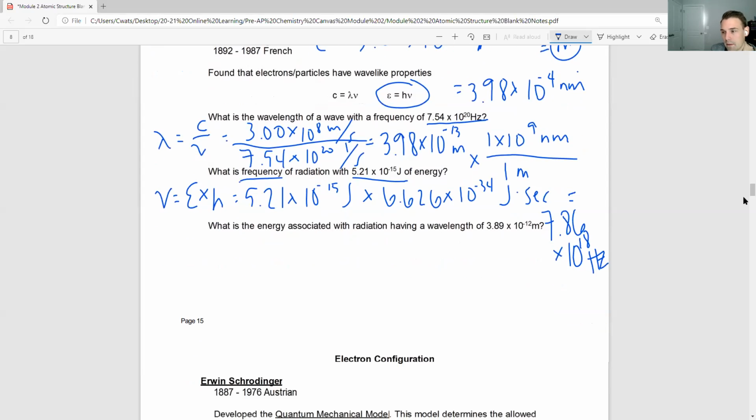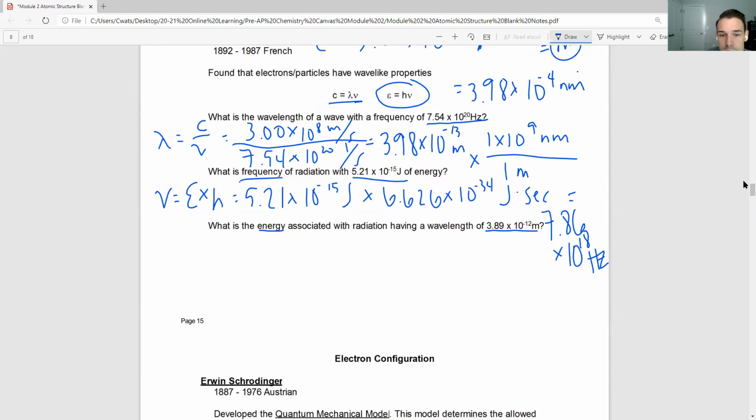Both are correct. And then the last question, what is the energy associated with radiation having a wavelength? So wavelength is this. I want energy. The only equation with wavelength gives me the speed of light and frequency. So this is a two-part question, so please pay attention to that.